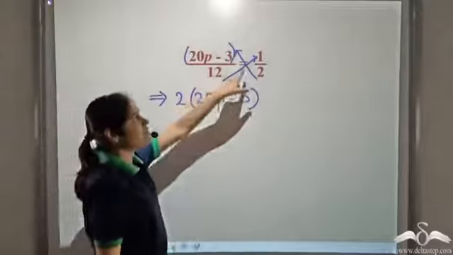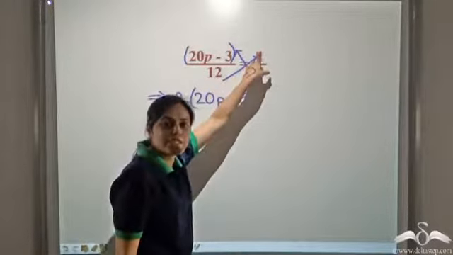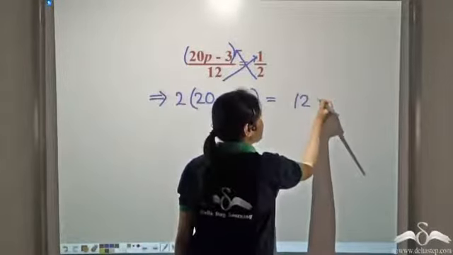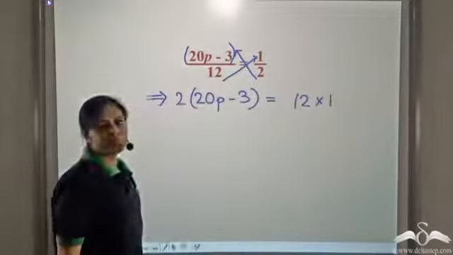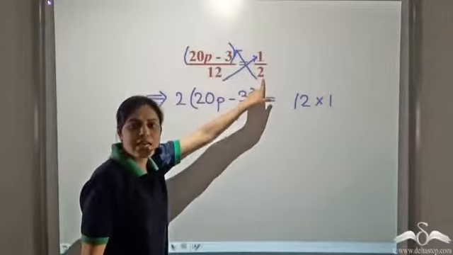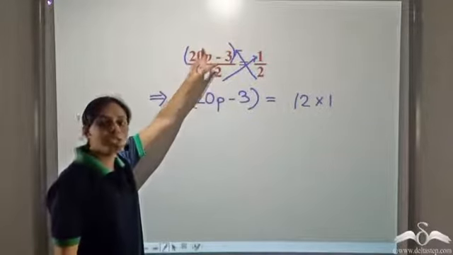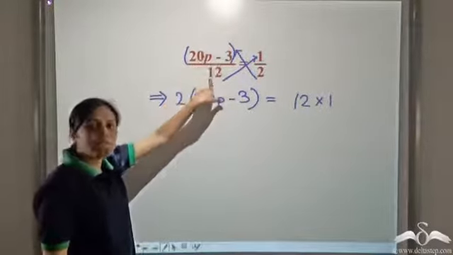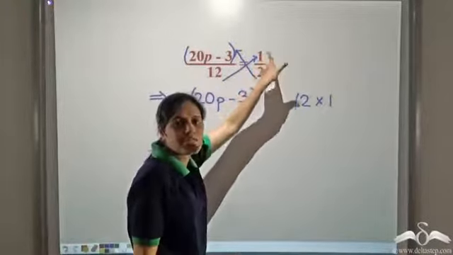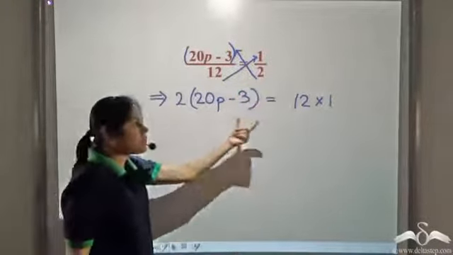And 12 will be multiplied with the numerator of the right hand side. So 12 will be multiplied with 1. So denominator of right hand side is multiplied with the numerator of left hand side. Denominator of left hand side is multiplied with the numerator of right hand side. That is what we have done here.